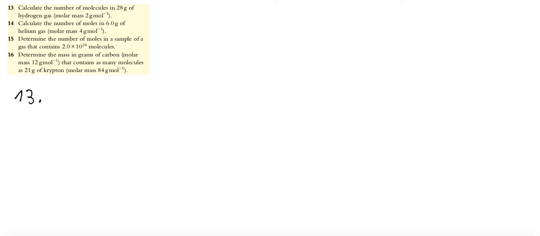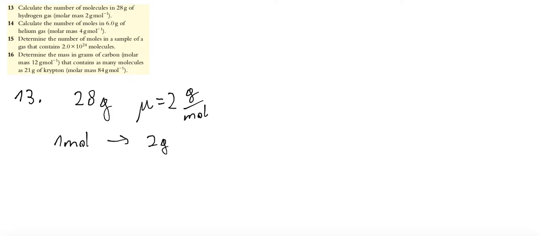Calculate the number of molecules in 28 grams of hydrogen gas, which has a molar mass of 2 grams per mole. First of all, by simple proportion, you have to find the number of moles. If 1 mole has a mass of 2 grams, this is the meaning of molar mass, then how many moles do you need to cover 28 grams?